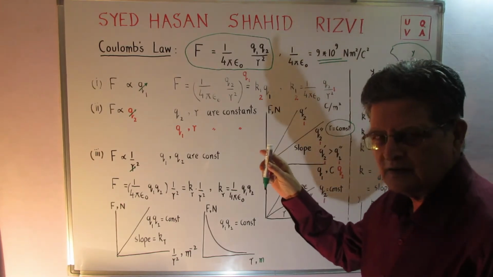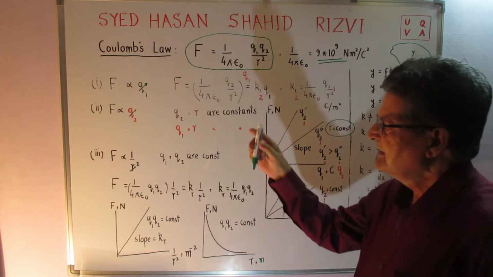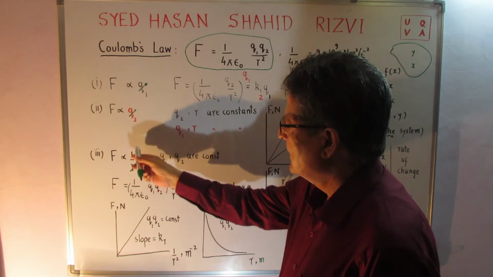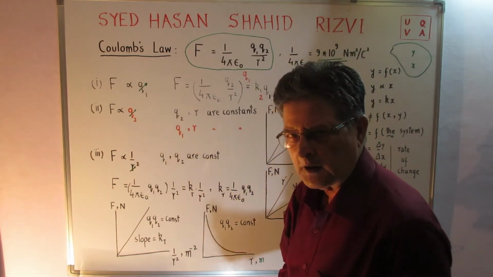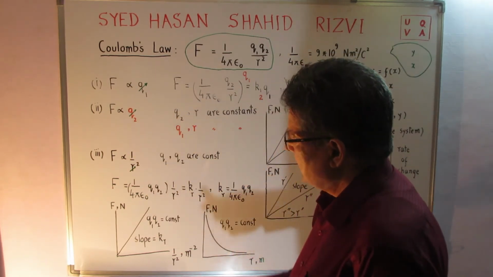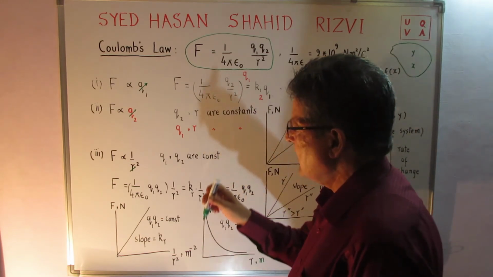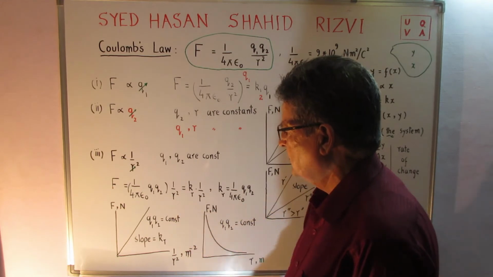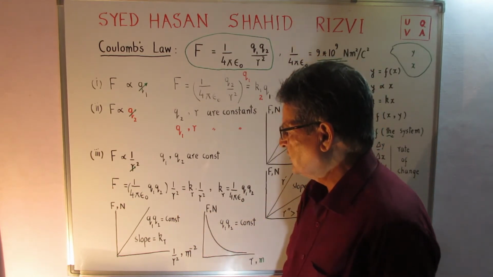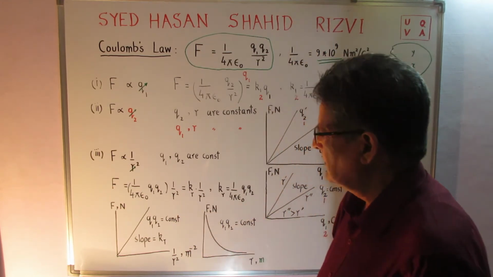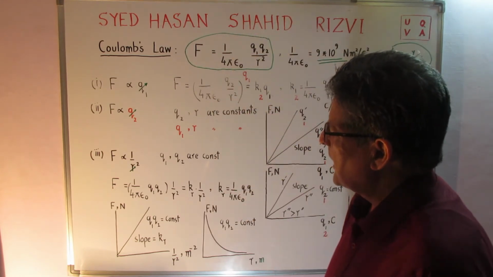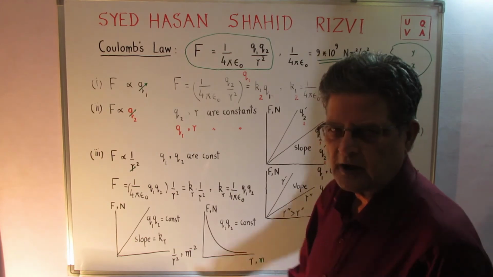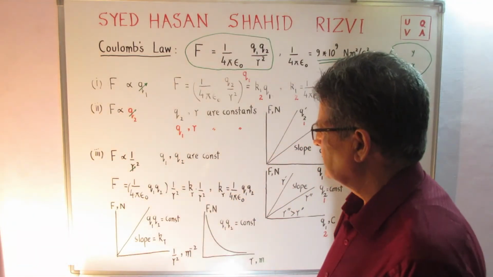Please understand that the force is individually proportional to Q1, Q2 and 1 upon r square. Now this was determined as much experimentally as it was established by conjecture, first of all by Newton, and later on it was obtained by Cavendish, and also by Coulomb in this case.